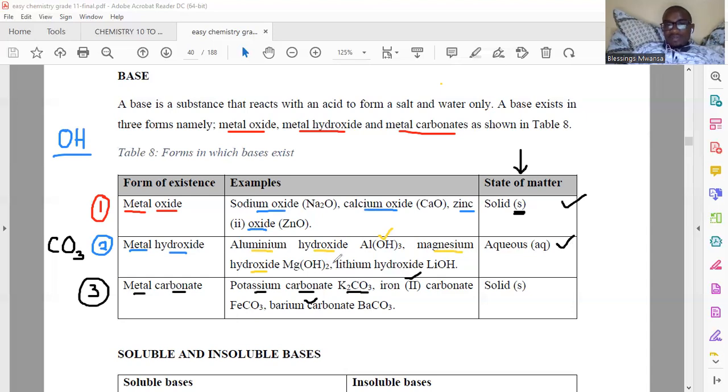Whenever they write this in chemical equations, they will use state symbol AQ. Metal carbonate exists in solid state, meaning whenever they write a metal carbonate in a chemical equation, they will use the state symbol of S. So those are the three forms in which a base exists.